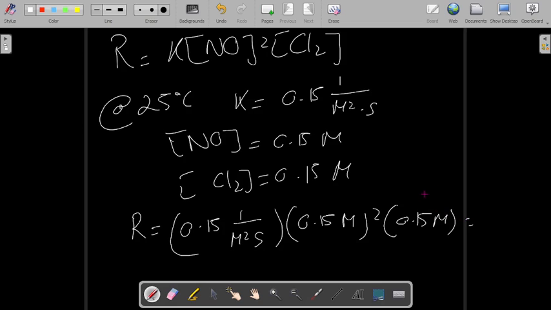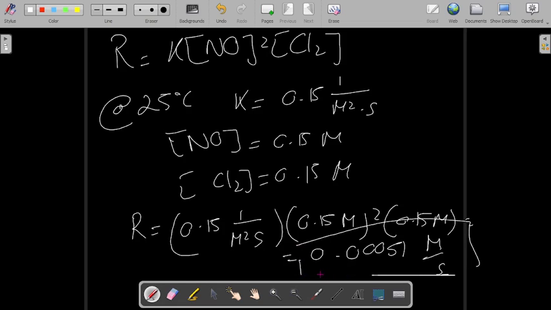Okay, so let's see. All of it, in your calculator, comes out to 0.00051 molarity per second. That's the first question. This is the first answer that we need to give.